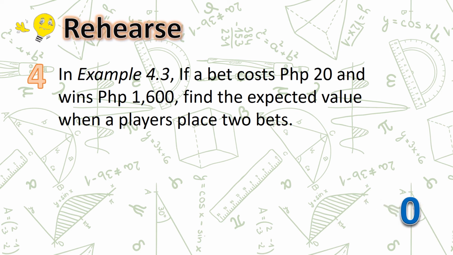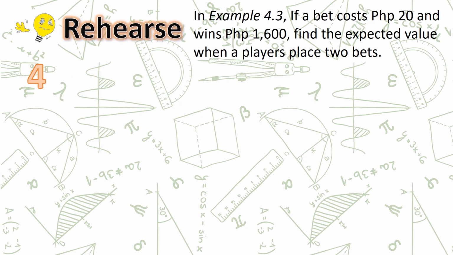Time is up. Let us show the answer. So the values that X assumes are the gains, which are 1,560 because a player placed 2 bets and a bet costs 20 pesos times 2, that's 40. So we do not get that when winning. You only actually get 1,560.